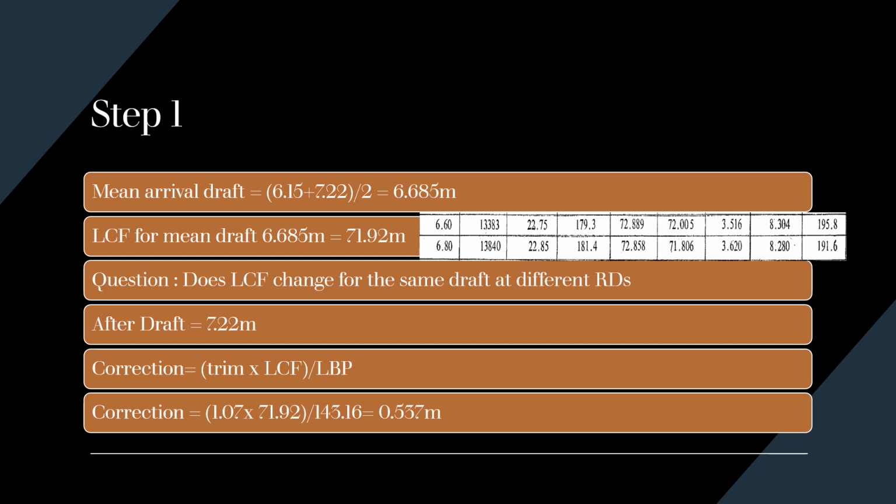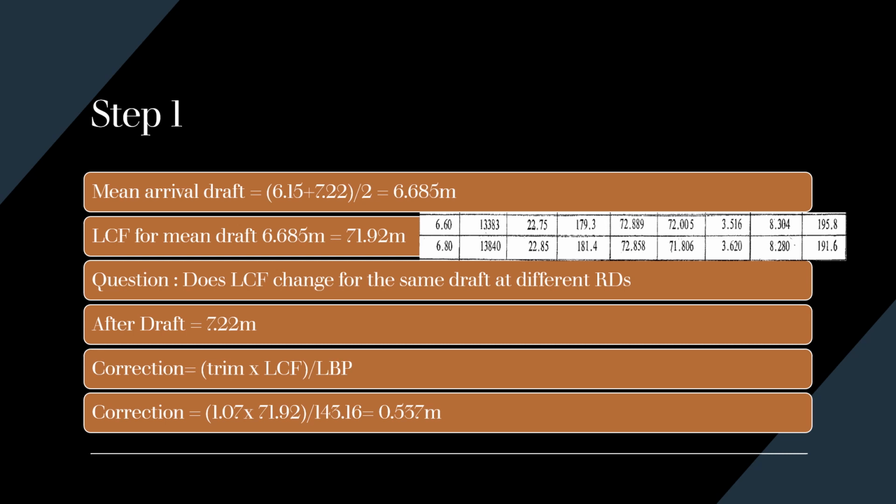Now what do we do? Now we find the LCF for this mean draft, which is 6.685 meters. Now if you go to your Hindship tables, a snapshot of which I've actually put in this video, you start interpolating or use the stats mode of your calculator. So the draft is 6.685 meters, which means it's between 6.60 and 6.80.